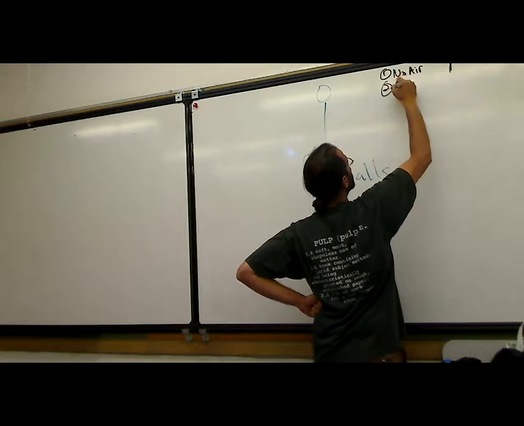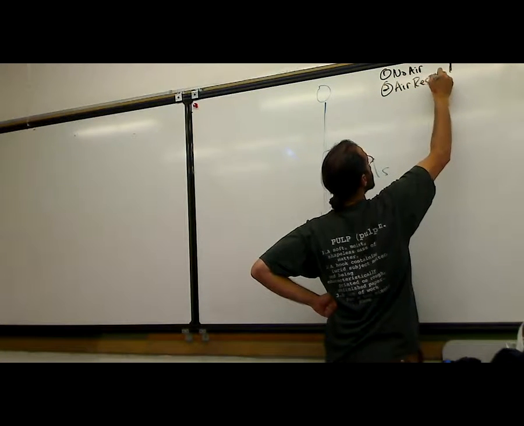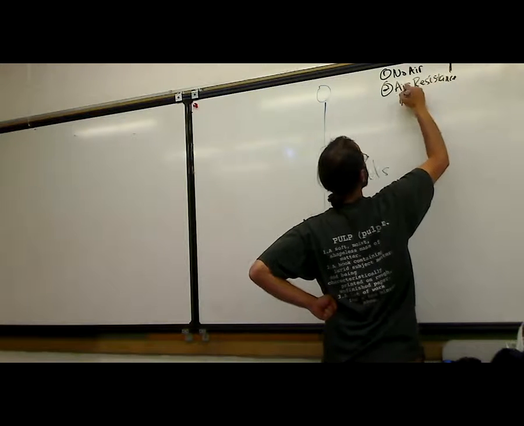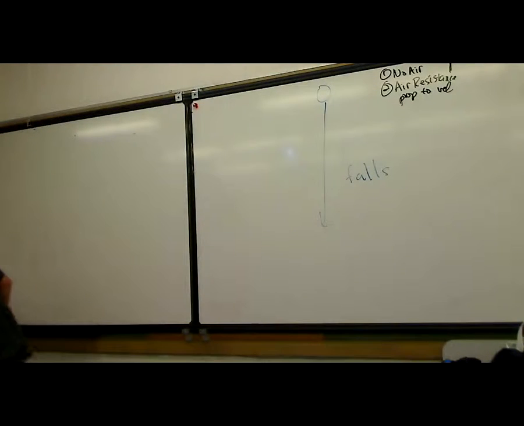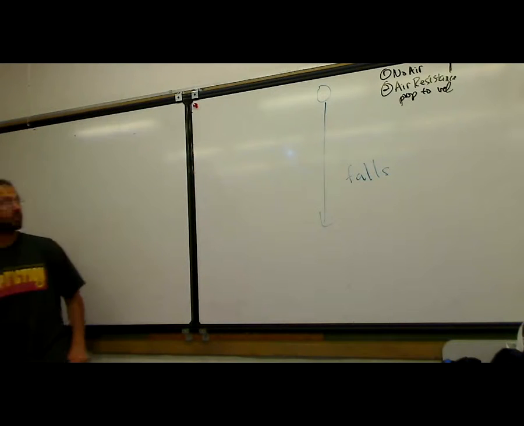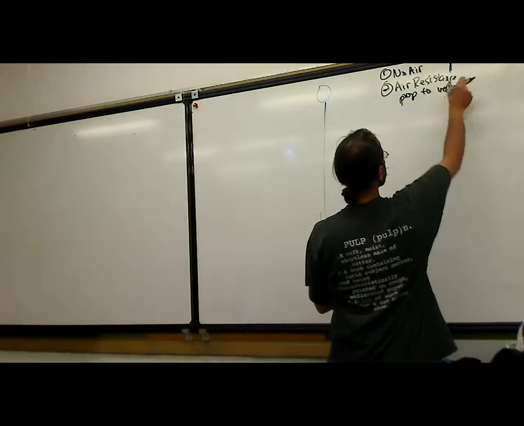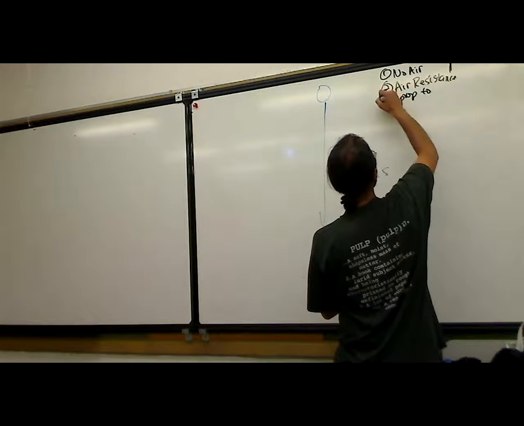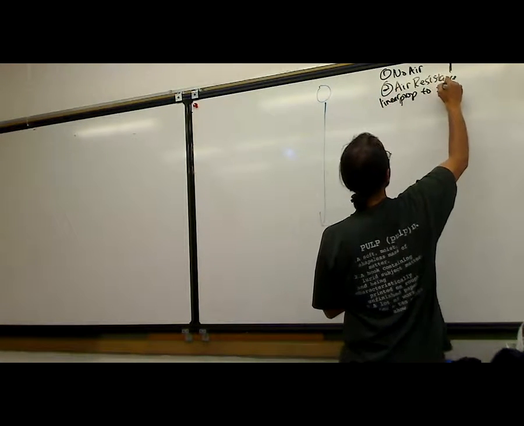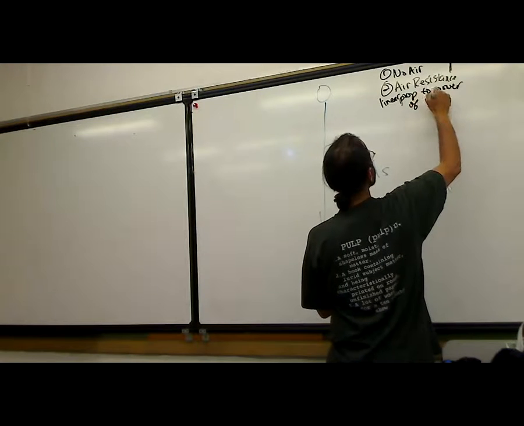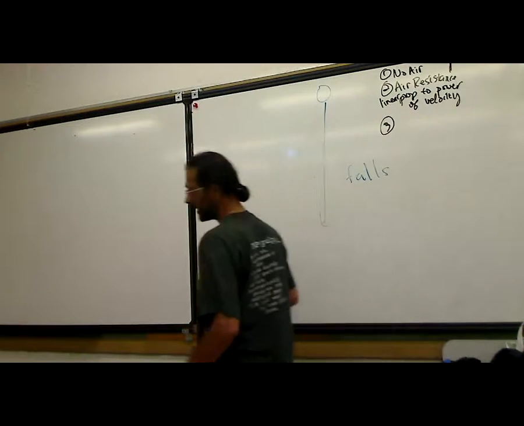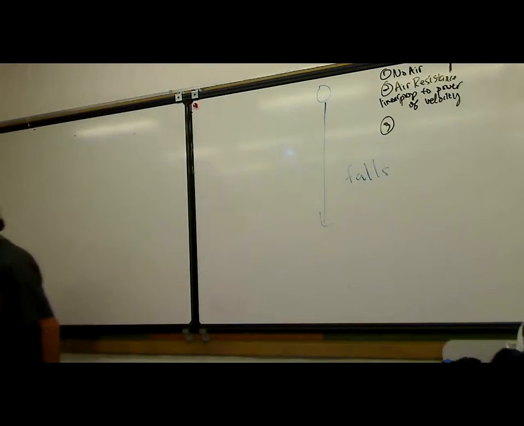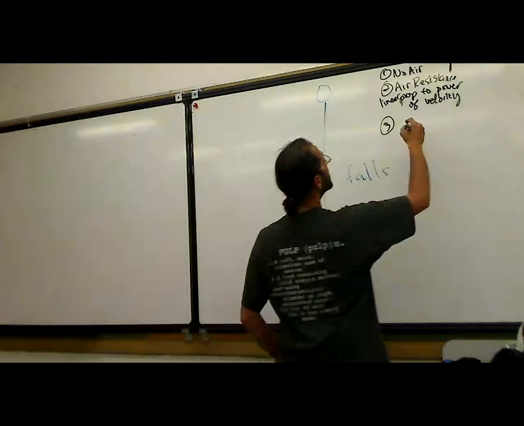The second one is air resistance proportional to the power of the velocity. And the third one is air resistance proportional to the second power of velocity.